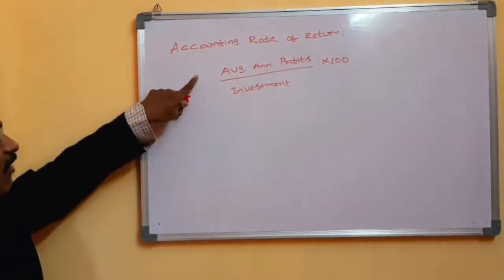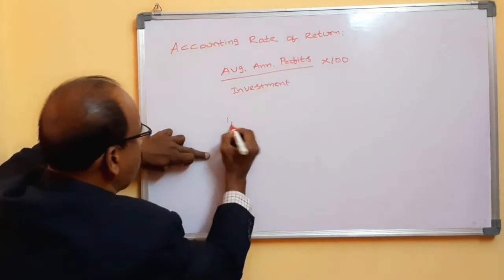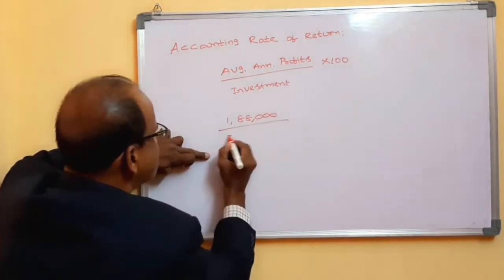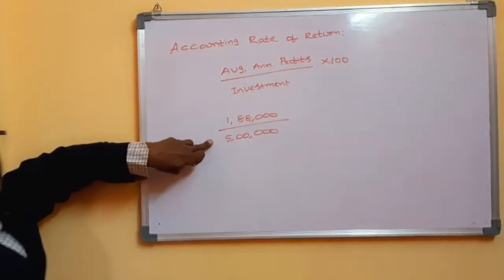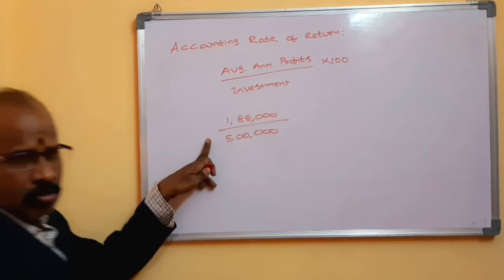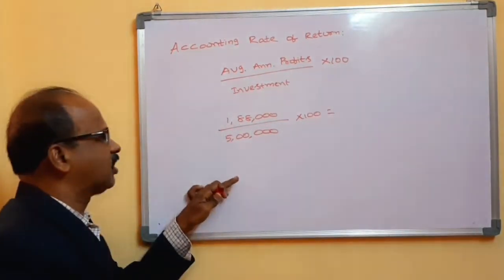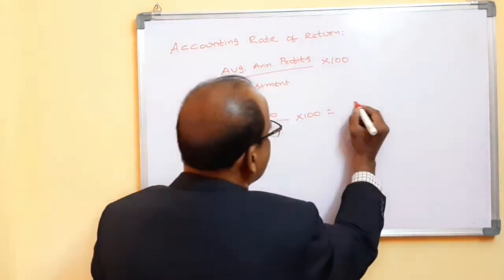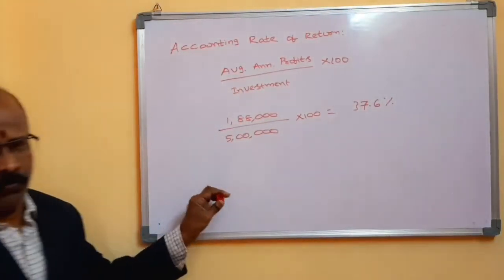Already we calculated average annual profits. Average annual profits how much? 1,88,000 by investment. In this problem we take investment as 5 lakhs into 100. If you simplify 1,88,000 by 5 lakhs into 100, it comes to 37.6%. This is the accounting rate of return.